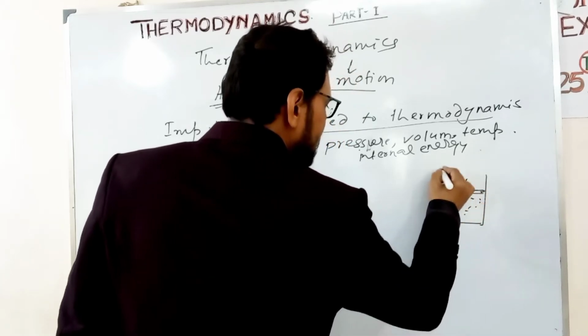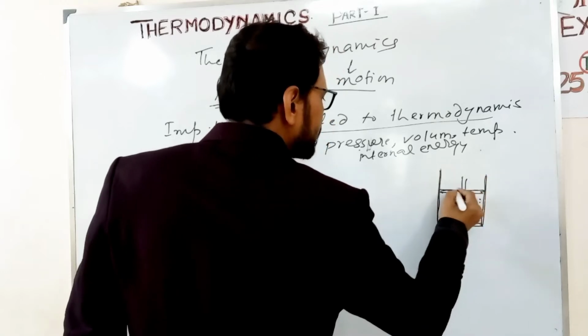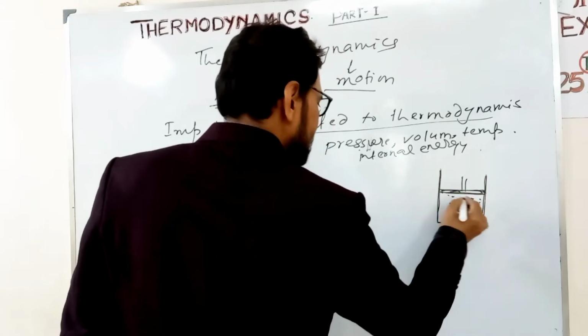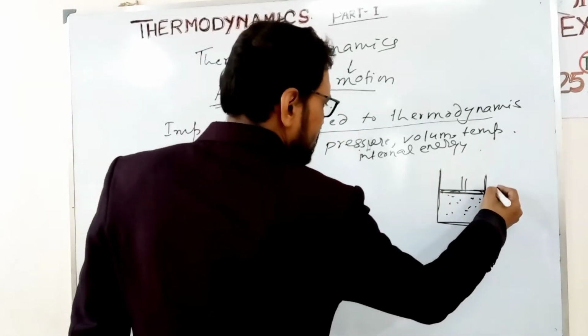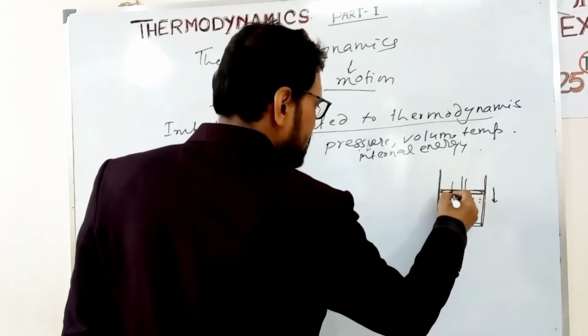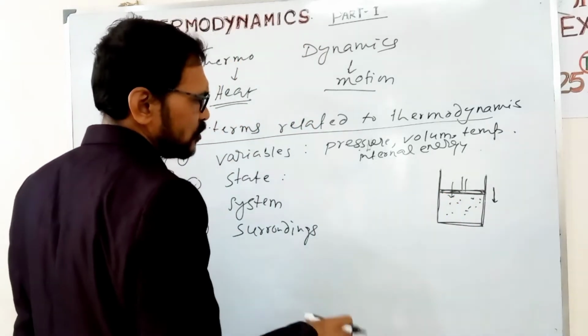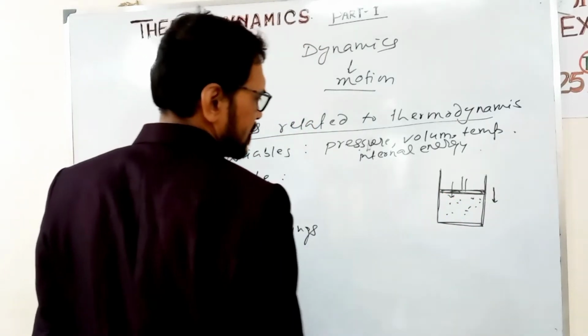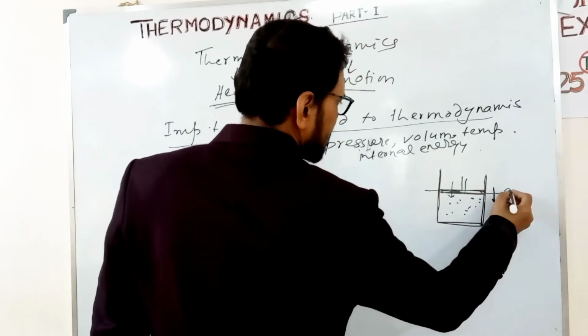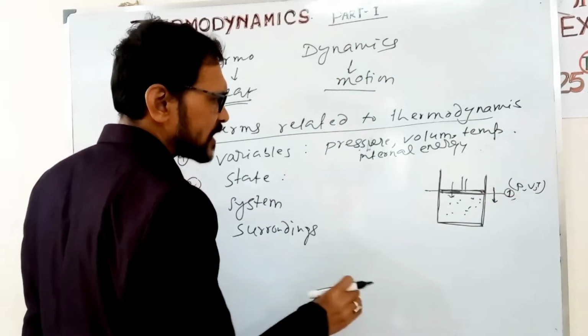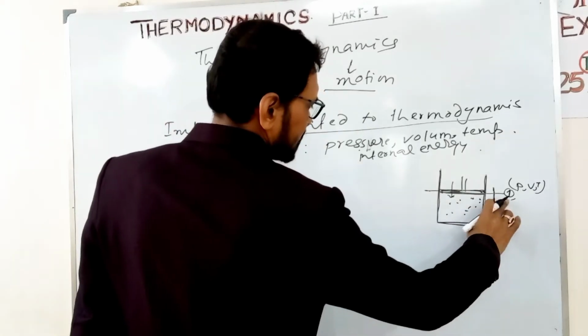Okay, this is the cylinder and this is the piston, and some gas is enclosed within the cylinder and piston. Now if we compress the piston, the pressure, volume and temperature of the gas change. Suppose at position 1 the values of pressure, volume, temperature are one set of values, this is state 1.